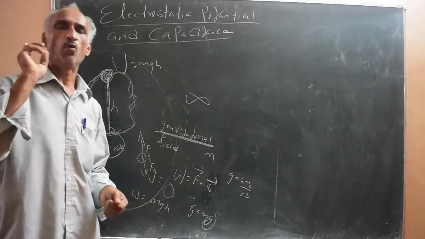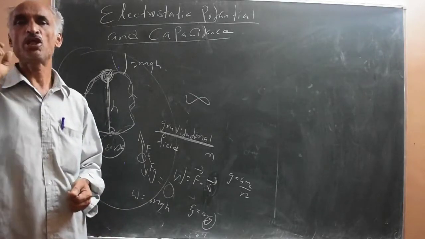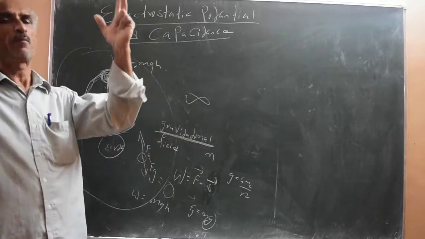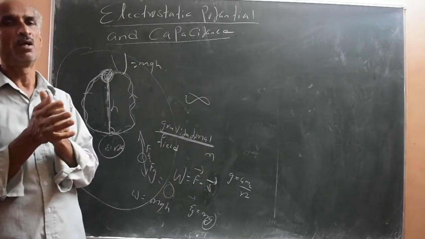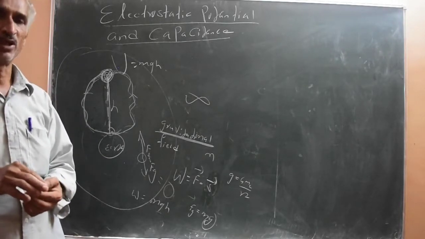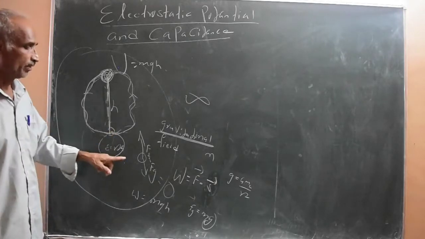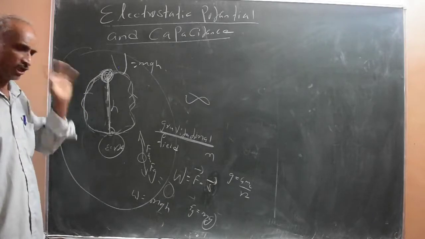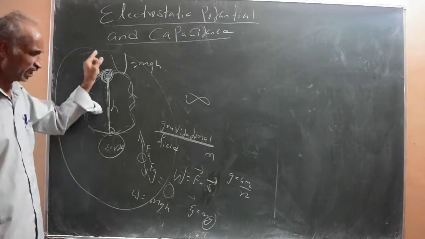Therefore, if work done against a force is path independent, in any path the body is displaced, the work done will be the same, then the force is called a conservative force. The gravitational force is conservative because the work done lifting the body to a height h is the same along any path.